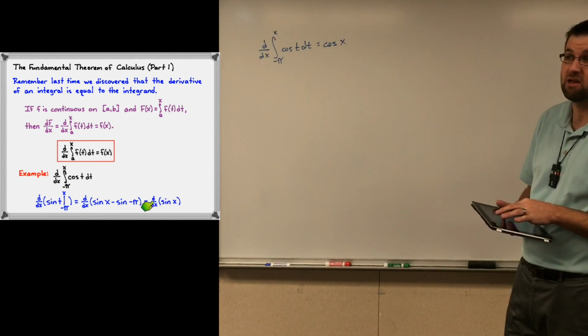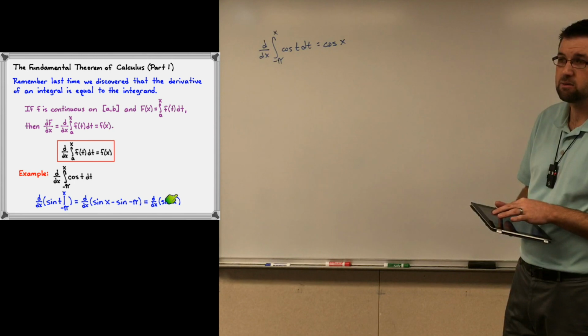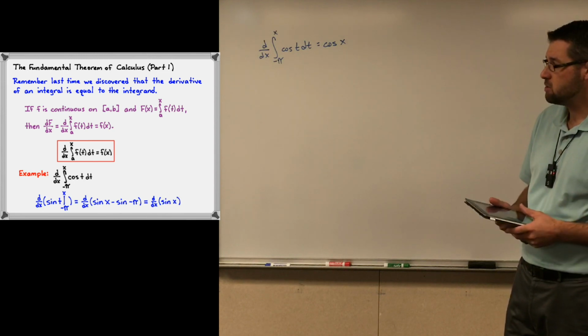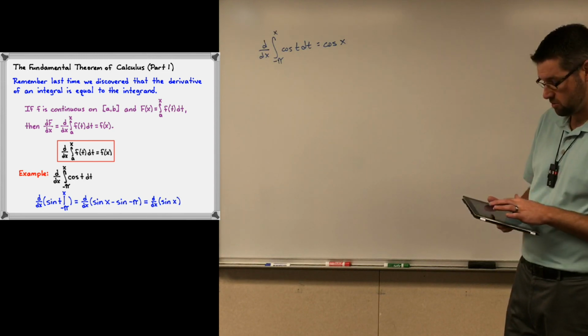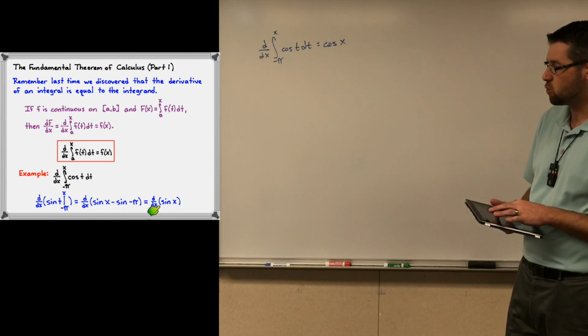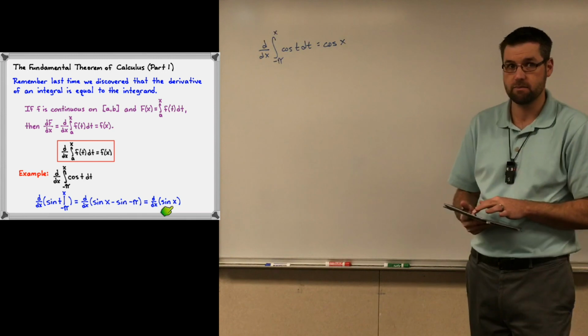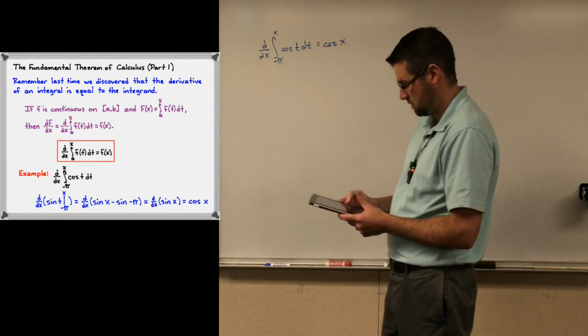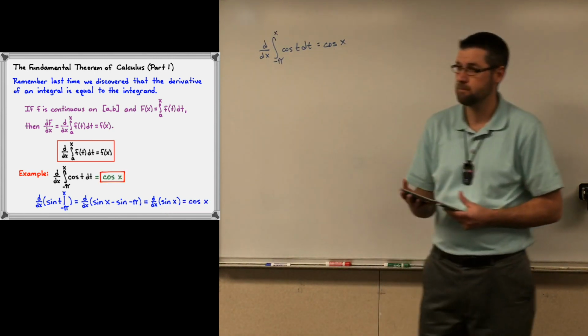And when I take the derivative of a constant, what do I get? 0. So it doesn't matter that that last term, the sine of negative pi, is 0 or not. It could be anything. But the derivative of sine of x is what? Cosine of x. And that's where that comes from.